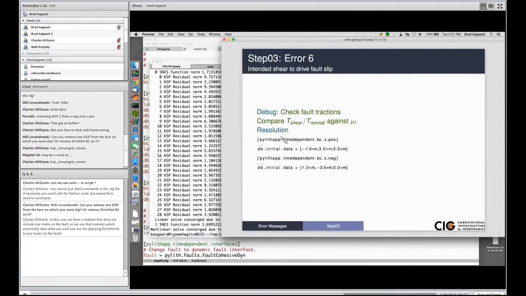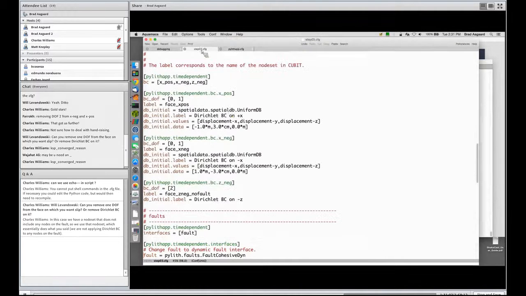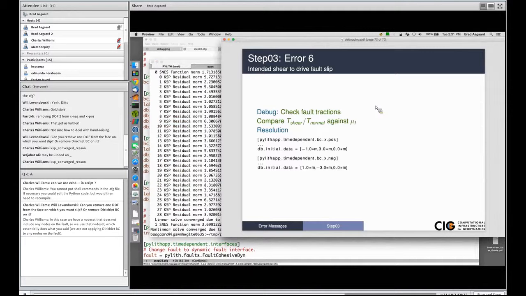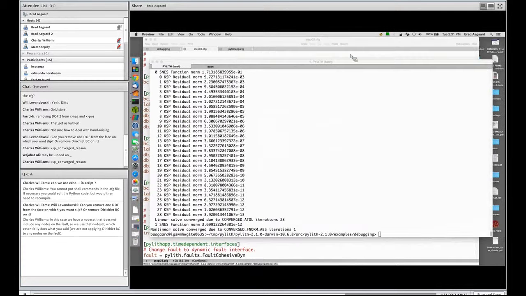That looks like what I had, I thought. 3 meters, not 3 centimeters, I think is what I want. Is that what I want? Yes, 3 meters, not 3 centimeters. Okay, let's run again.